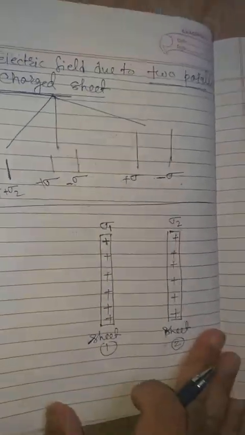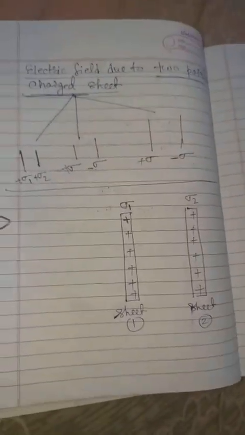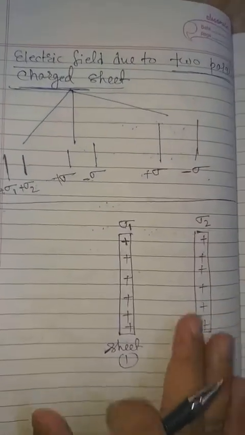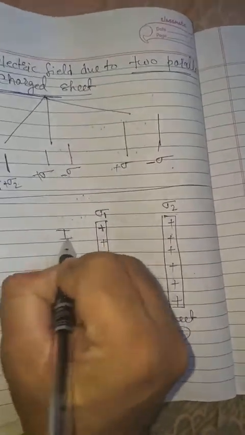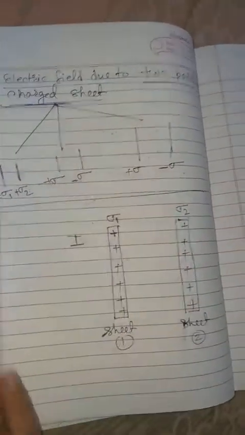And here we have to find the electric field. There are three possible regions. This is region first, extremely left of both the sheets.